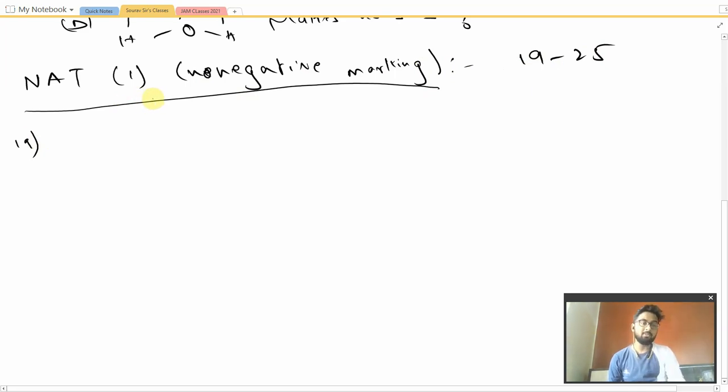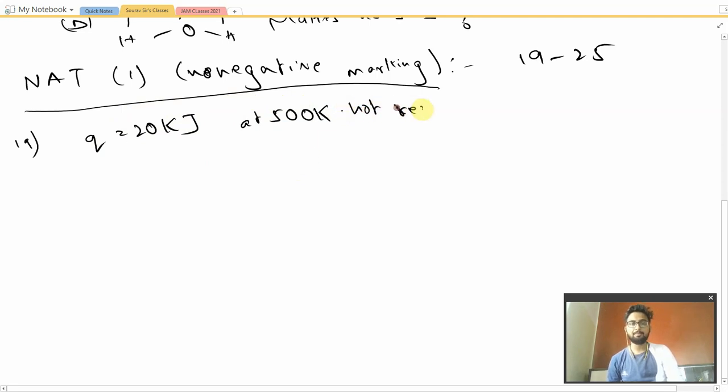Question number 19 says that a reversible heat engine absorbs Q equal to 20 kilojoules of heat from one source at 500 Kelvin, and dissipates into the reservoir at 400 Kelvin. So this one is the hot reservoir, and the cold reservoir is at 400 Kelvin.